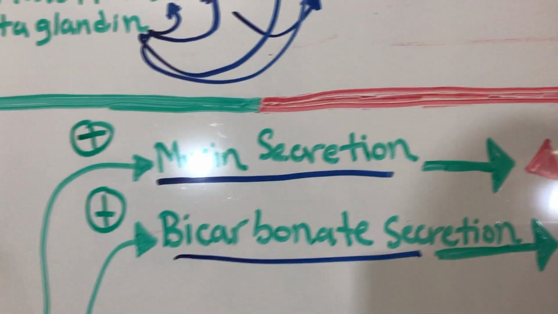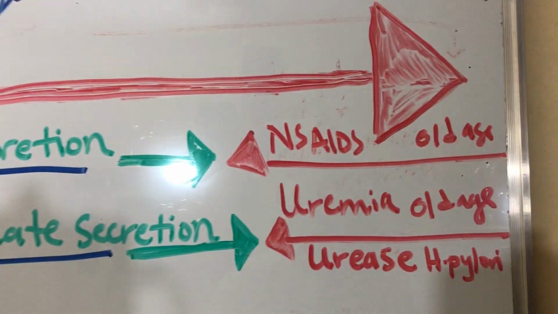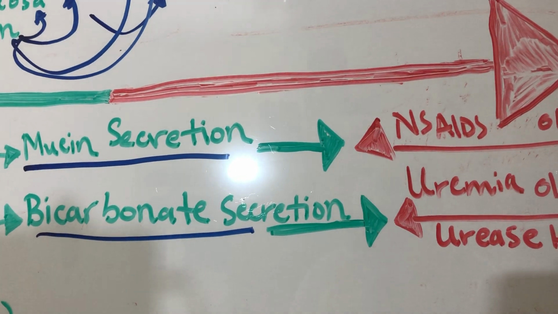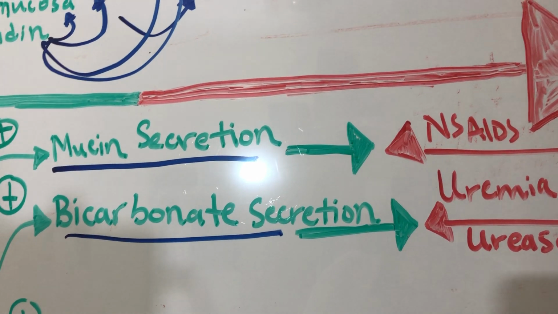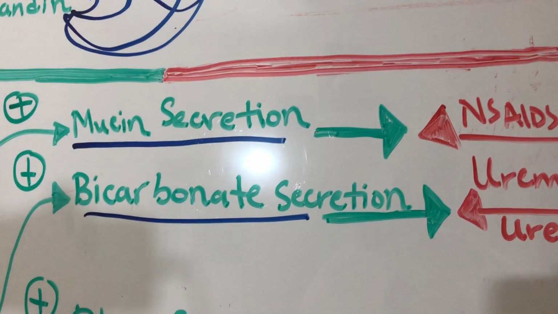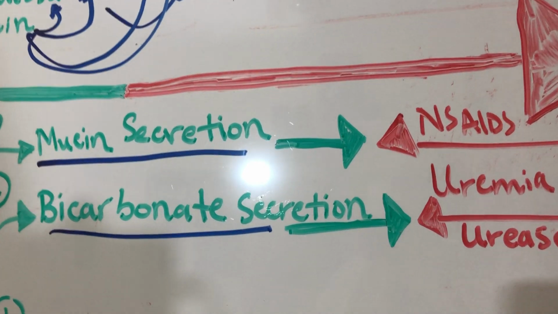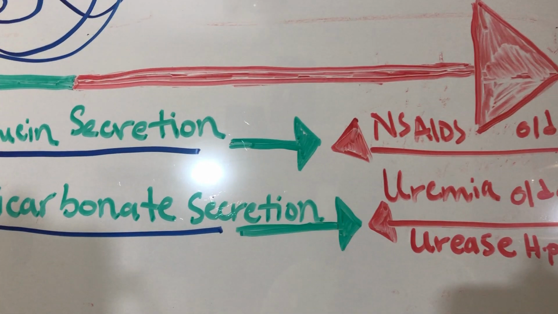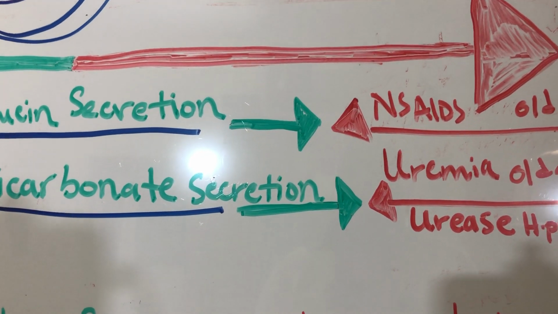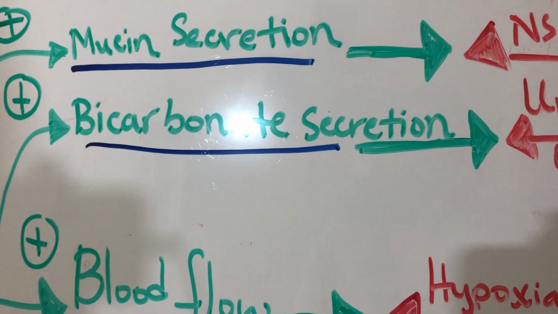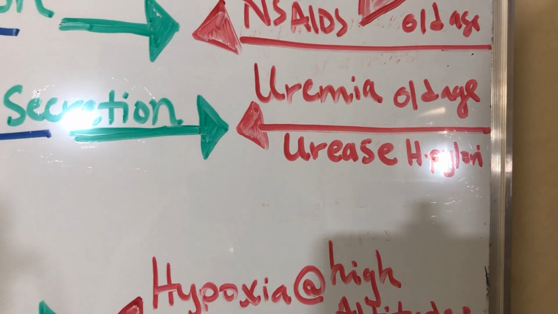And what counters the mucin secretion are the NSAIDs, or being a person of an old age where your cells are not working as efficiently; these foveolar cells are not working efficiently to secrete that mucus layer. And bicarbonate secretion will be affected by uremia.